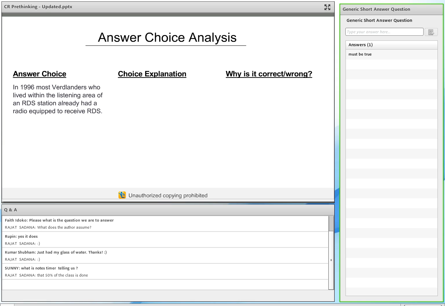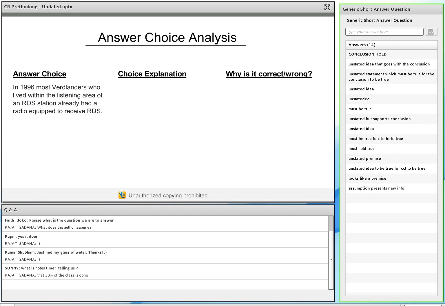Can you write it down? It's an unstated idea that must be true for the conclusion to hold true.